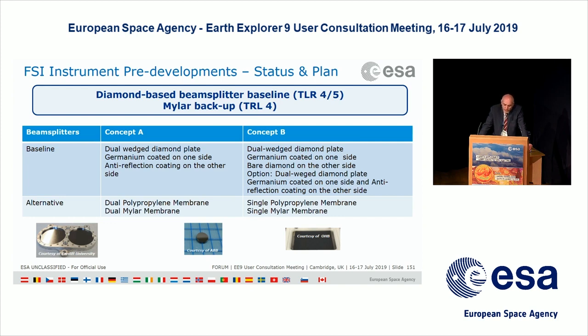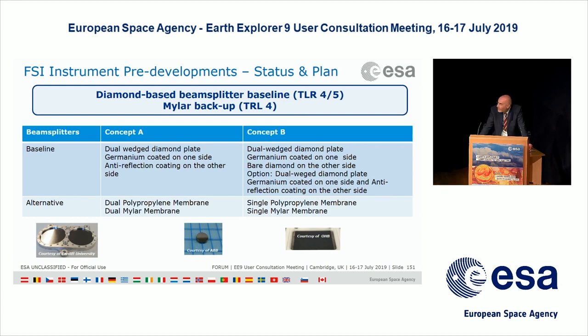The pictures are showing the beam splitter implemented for the baseline technology, a diamond sample, and a full-size diamond wedge plate. For the alternative technologies, membrane, polypropylene, and mylar have been considered.